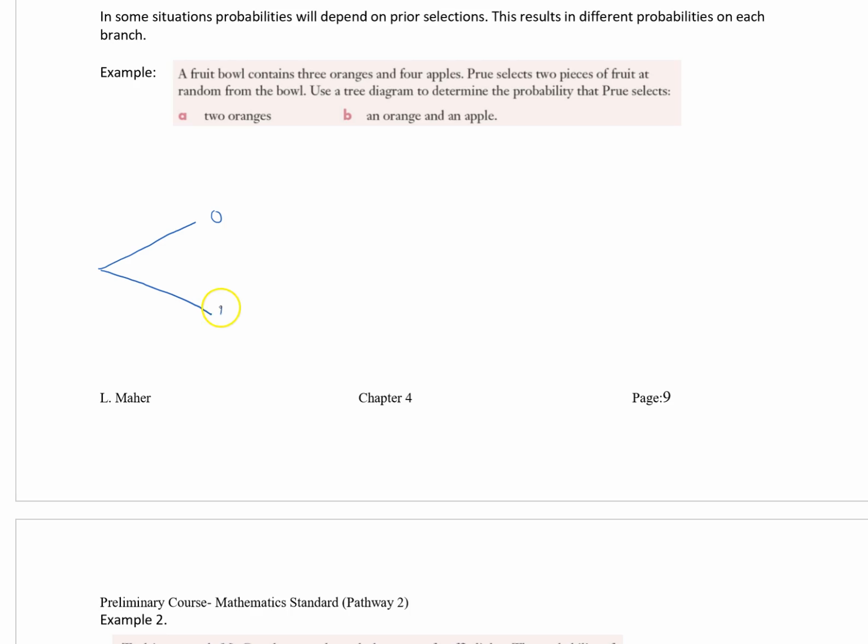So orange and apple, and by the way, this is choosing 2 pieces of fruit, first choice, and over here we'll have second choice. So there are our headings, what the first choice was, what the second choice was.